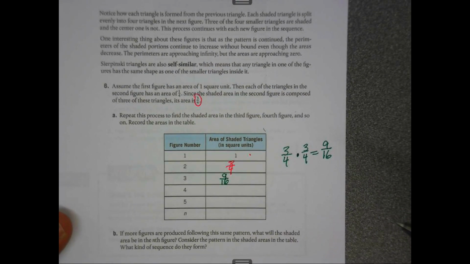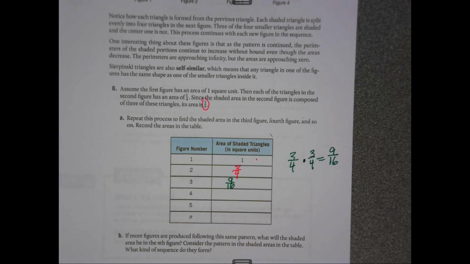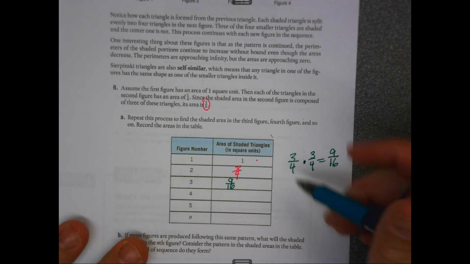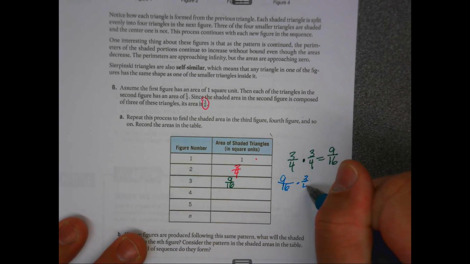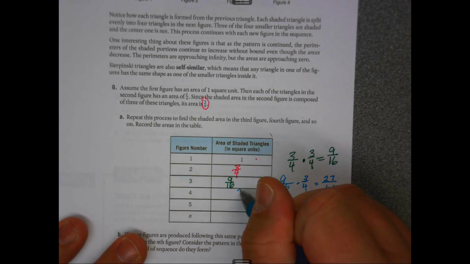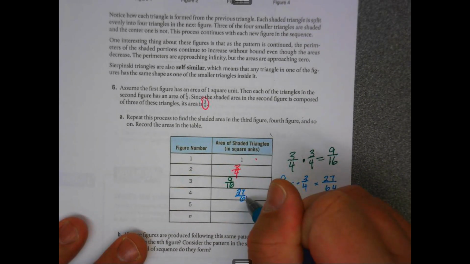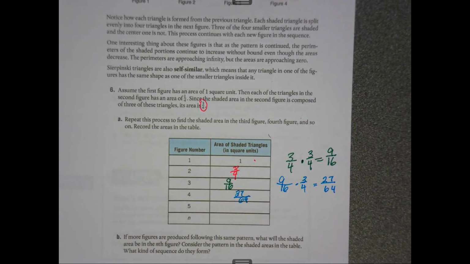We're actually getting a geometric sequence here, right? So 9/16 times 3/4 gives us 27/64 of the shaded, and then we keep doing that.